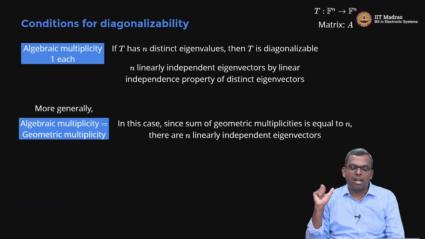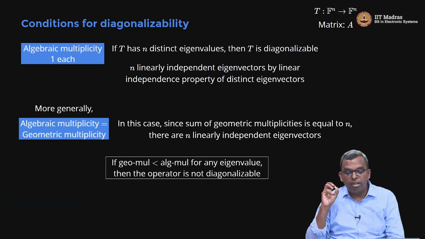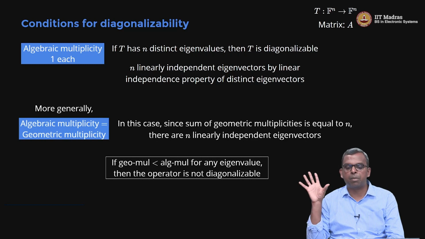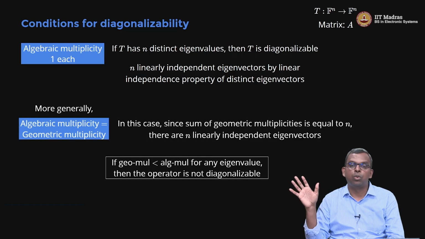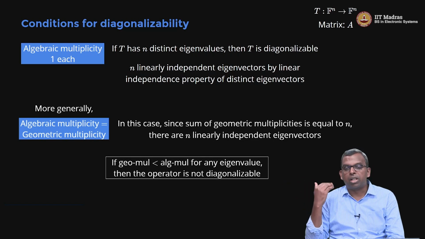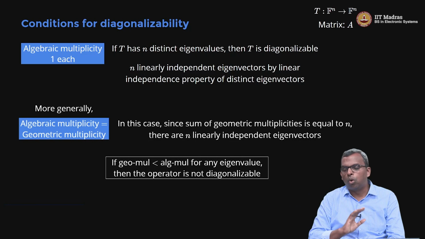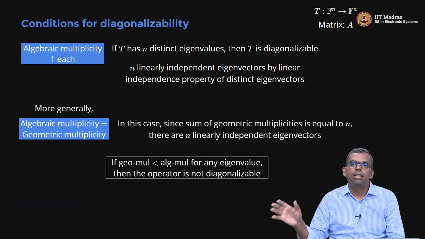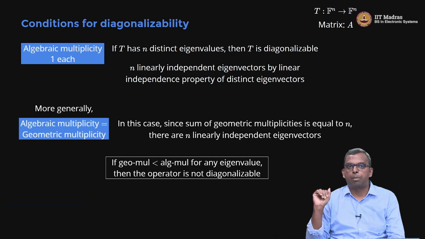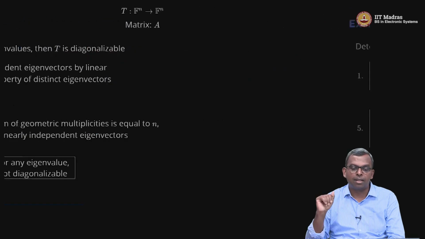Then you have diagonalizability. The only way you will not have diagonalizability is if geometric multiplicity becomes strictly less than algebraic multiplicity for any eigenvalue. Then there will be no basis under which that operator has a diagonal matrix representation. It's a very nice and simple condition.